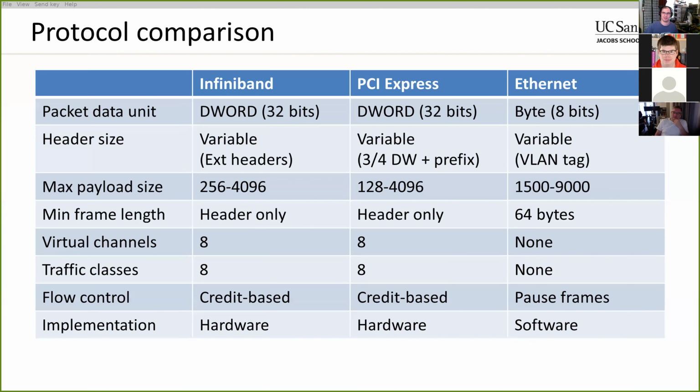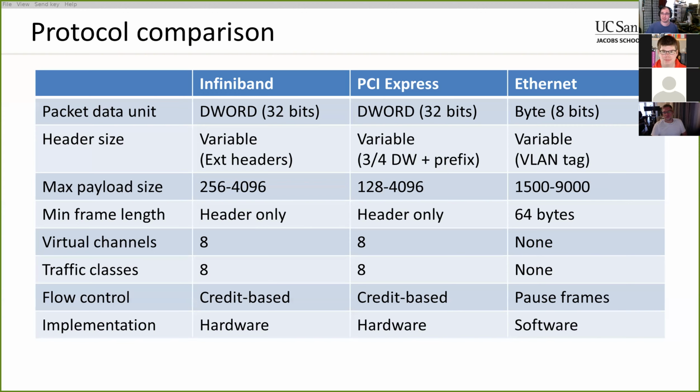So if you add an additional TCP option or something, that eats into the amount of payload data that you can send. But for InfiniBand, the thing to keep in mind is that all of these extension headers that may or may not be present don't affect the amount of payload data that you can send in the packet. So if your PMTU is 4096 bytes, it doesn't matter if you have no extension headers or a bunch of extension headers, you can always send 4096 bytes of data inside of the packet.